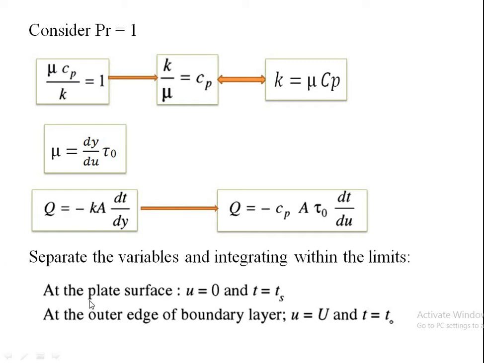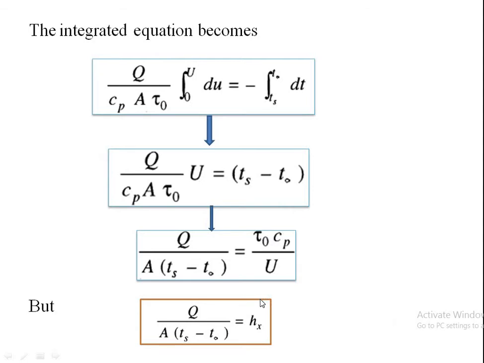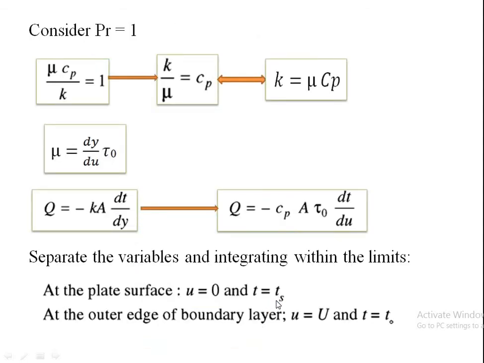So at the plate surface, we know that the viscous forces are more dominating. So the velocity of fluid layer in the vicinity of the surface is equal to 0. And also this particular layer will attain the equilibrium with the surface, so that the temperature of the layer which is adjacent to the surface is equal to the surface temperature.